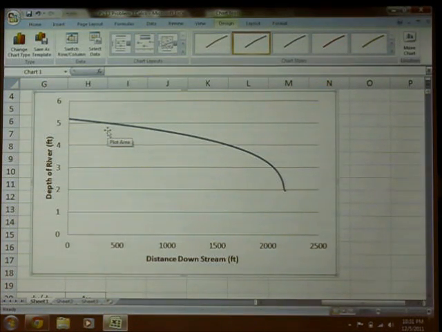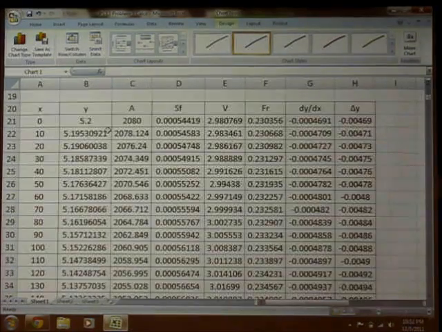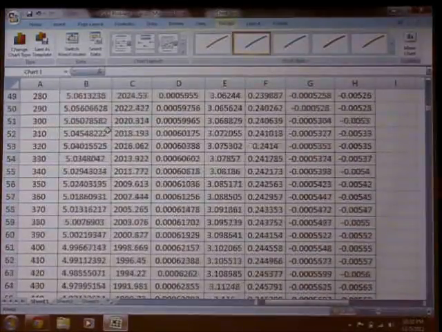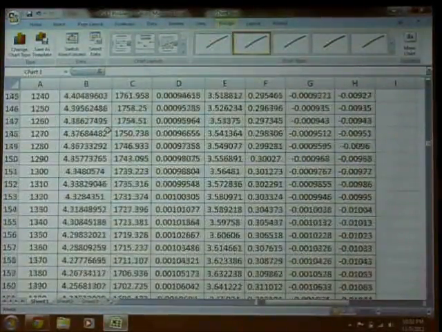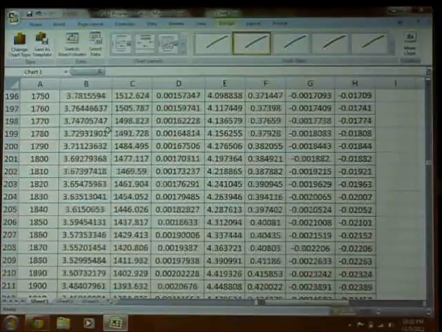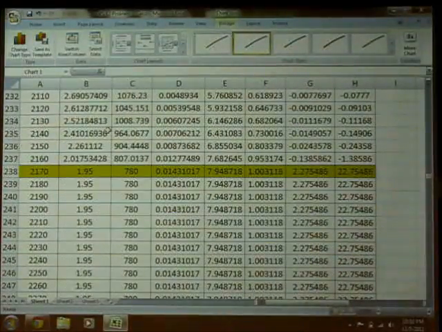As you can clearly see, it is of the M2 profile. So as you've seen before, the equations are set up in the table and repeated over and over again until our y equals our yc value, which is 2,170 feet downstream, and then it levels off to 1.9.